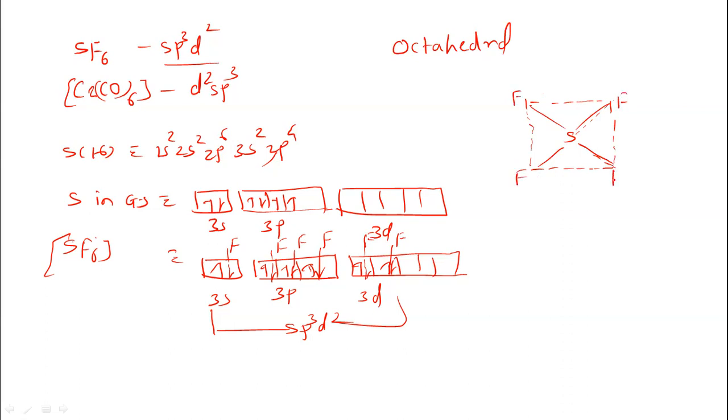And 2 fluorine atoms are at the trans position. So this is the octahedral geometry. This is the trans position here. So this is the structure of the SF6 molecule. It has octahedral geometry, and the sulfur atom undergoes sp3d2 hybridization.